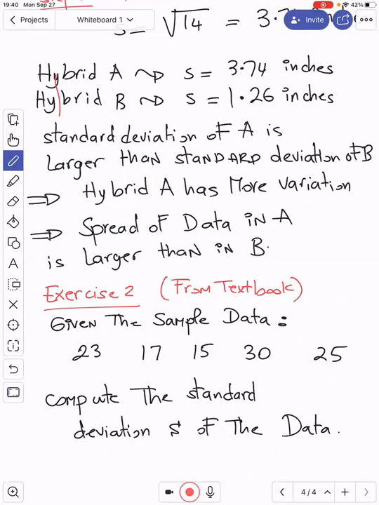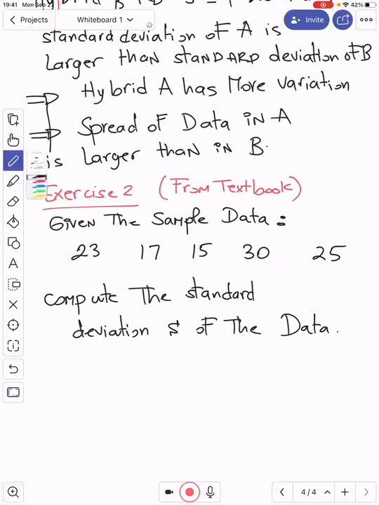So the answer would be S should be equal to, I think, 5.44.